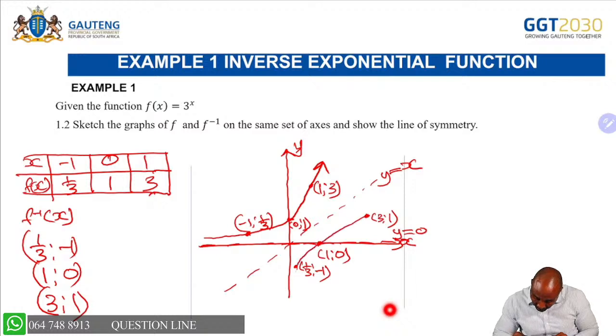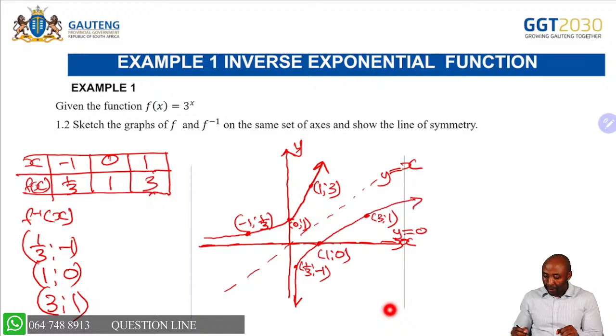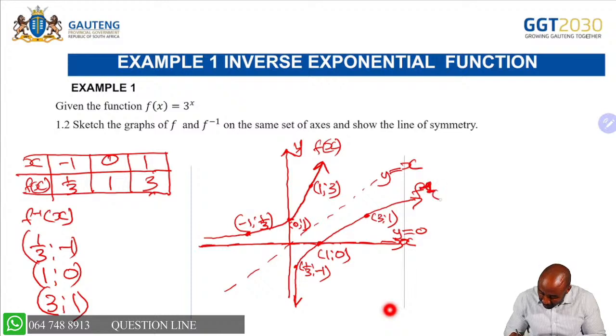Now I am able to sketch my graph using that, and I should remember that this is my f of x and this is my f inverse x, and the equation of this one is the logarithm to base 3 of x.